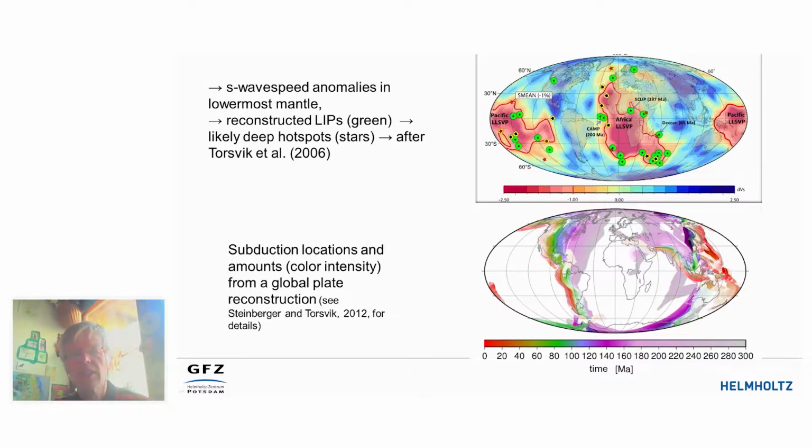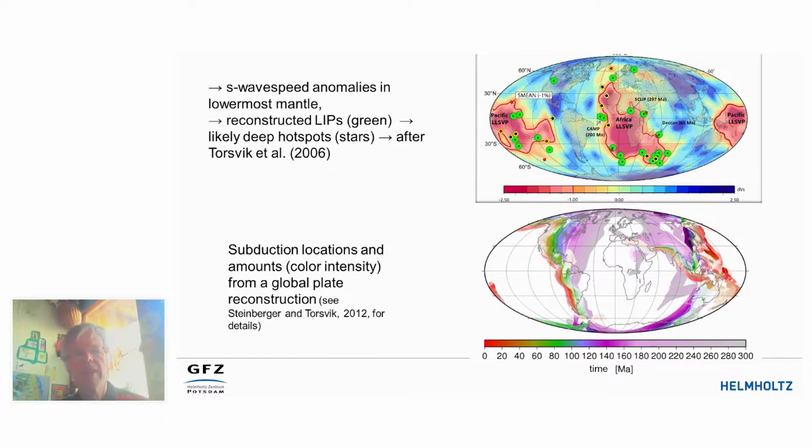So there is basically this ring around the Pacific, formerly Panthalassa, where subduction has occurred. And this ring corresponds very well with where you see fast seismic anomalies in the lowermost mantle. Where those fast seismic anomalies are not, these are the regions where you have those so-called large low shear velocity provinces at the base of the mantle.